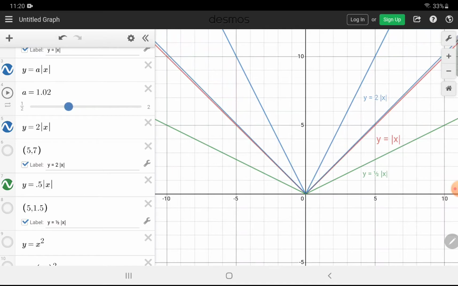Or if you go to an a value of 1/2, you're now squishing this v-shaped graph down. Imagine you have that hand and you're squishing it down on the table. You're pushing it down, and so you can see that graph gets squished. This is getting compressed vertically. That's the more appropriate term. This graph is getting compressed vertically as a value goes to 1/2, or if a is less than 1 but also greater than 0.